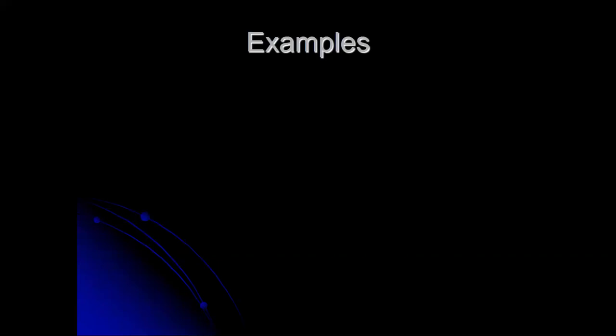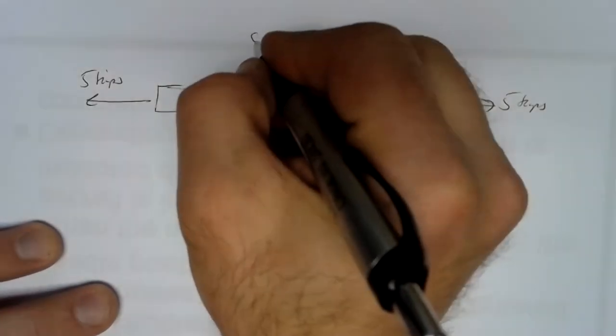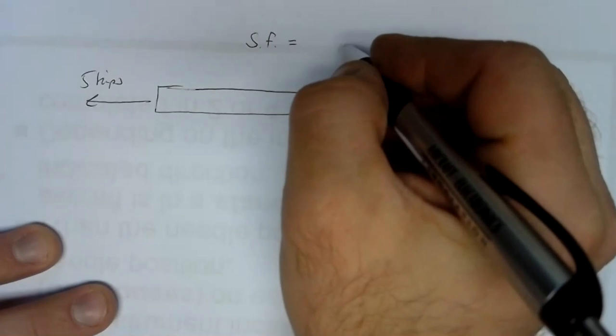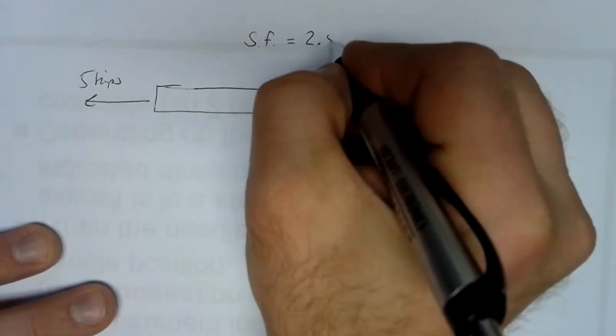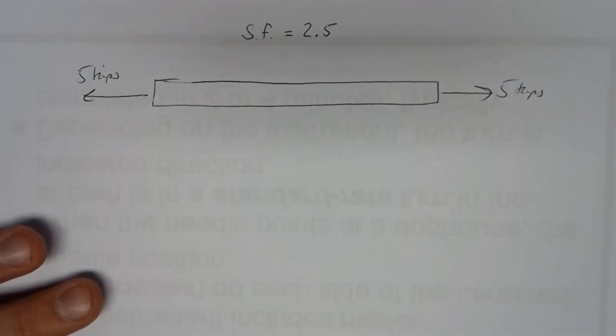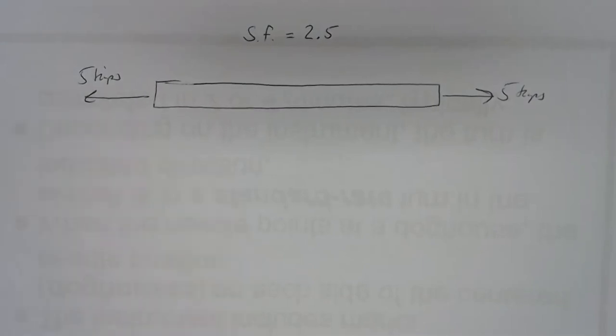And we want that bridge to have a safety factor of 2.5. So we're going to make it a really safe bridge. We've got a prescribed safety factor of 2.5. So that's 250% above our critical limit.